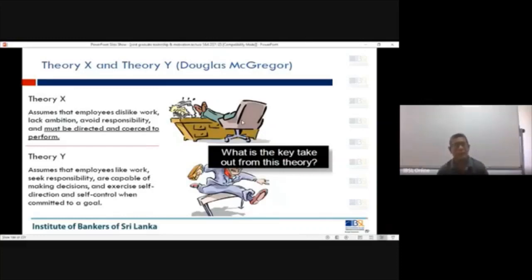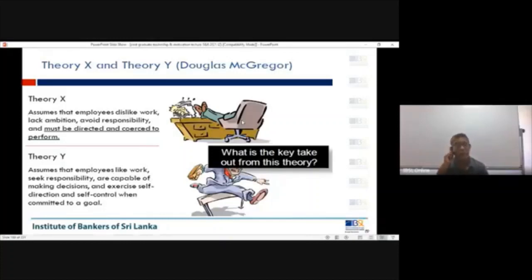They perform poorly, so if you want them to perform, you must closely supervise them, and tell them what to do and how to do everything. This type of group in an organization falls under Theory X, right? Okay.